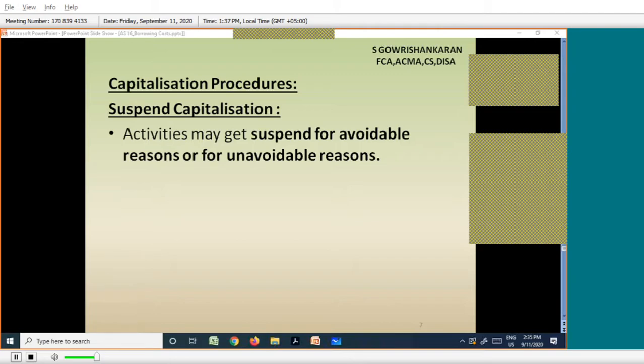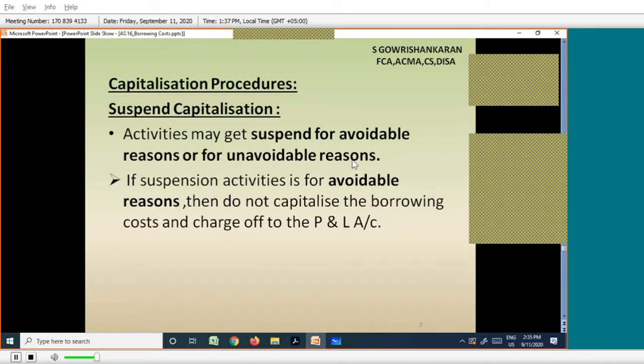That is the purpose of what we are studying. If suspension activity is for an avoidable reason, then do not capitalize the borrowing cost and charge it off to the P&L account. Okay?